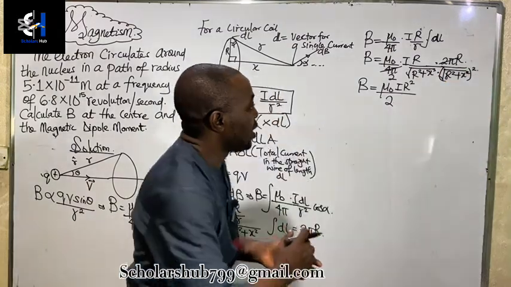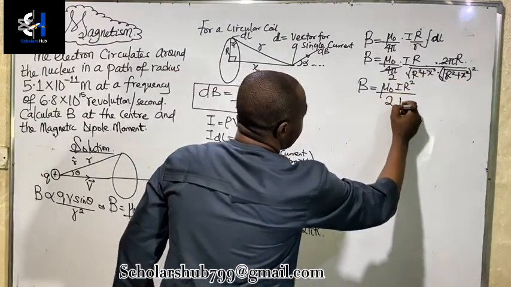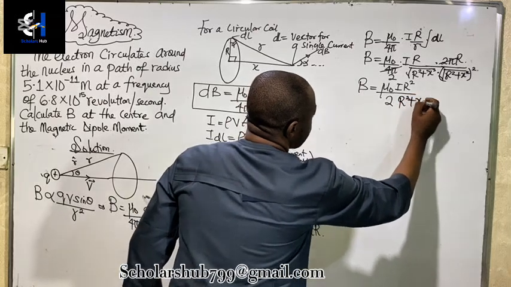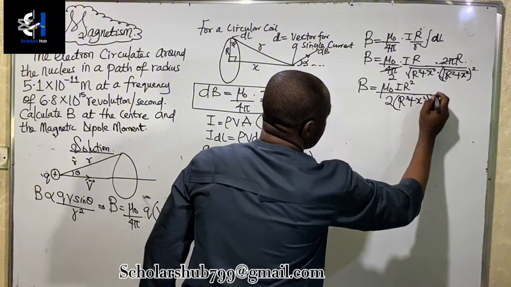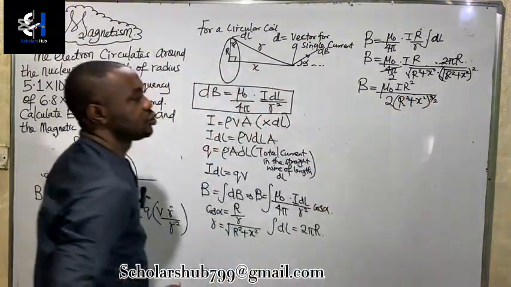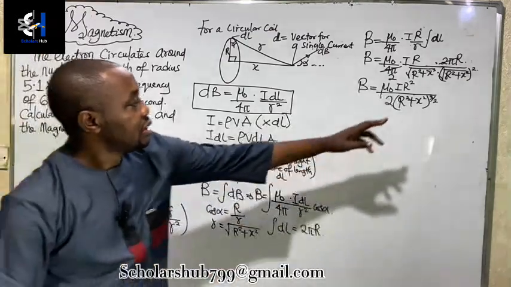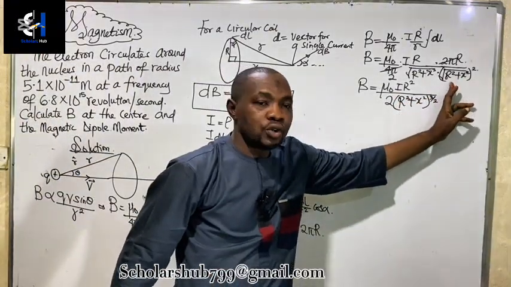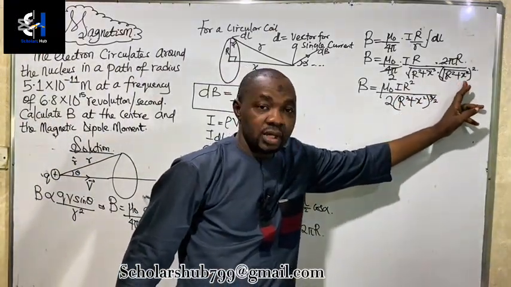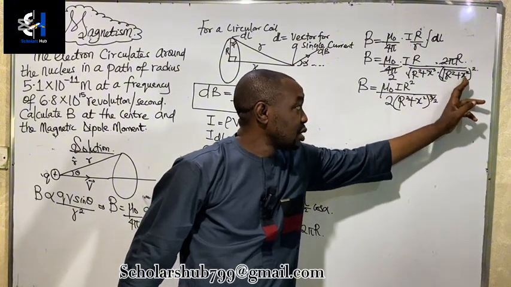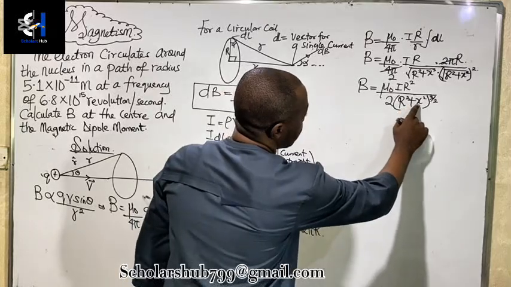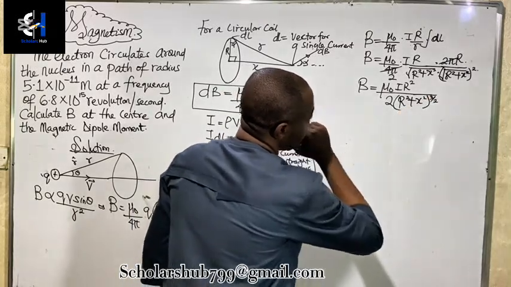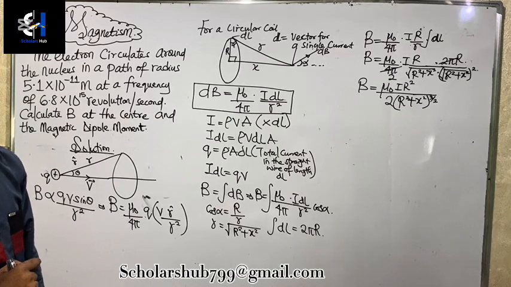So when we multiply by this other guy, we're going to have R squared plus X squared raised to the 3 over 2, because the square root of R squared plus X squared raised to the power of 3 upon 2.